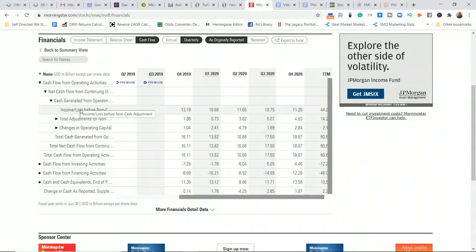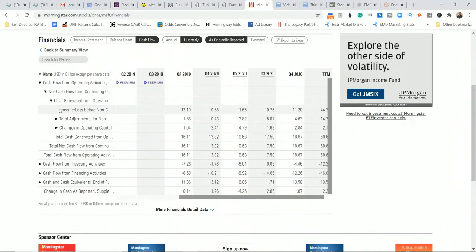So in this quarter, for example, it was a positive $18.7 billion in total net cash flow from continuing operations. Continuing operations means the operations that are ongoing at the company.